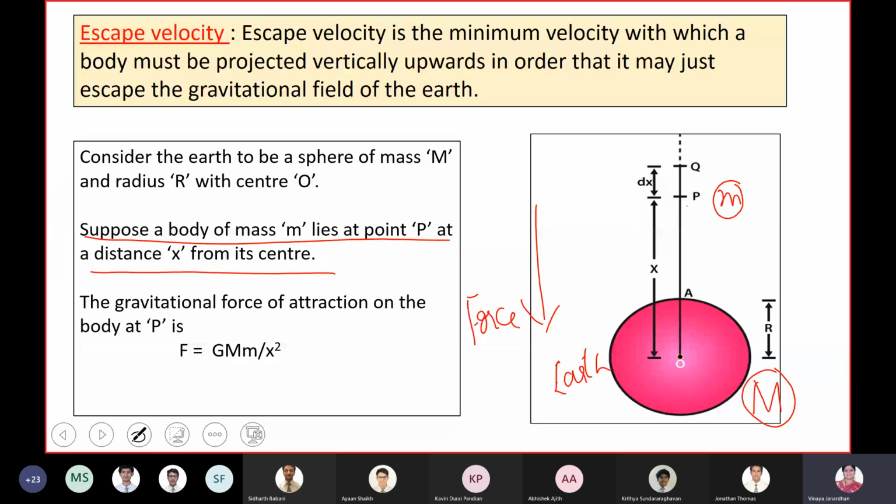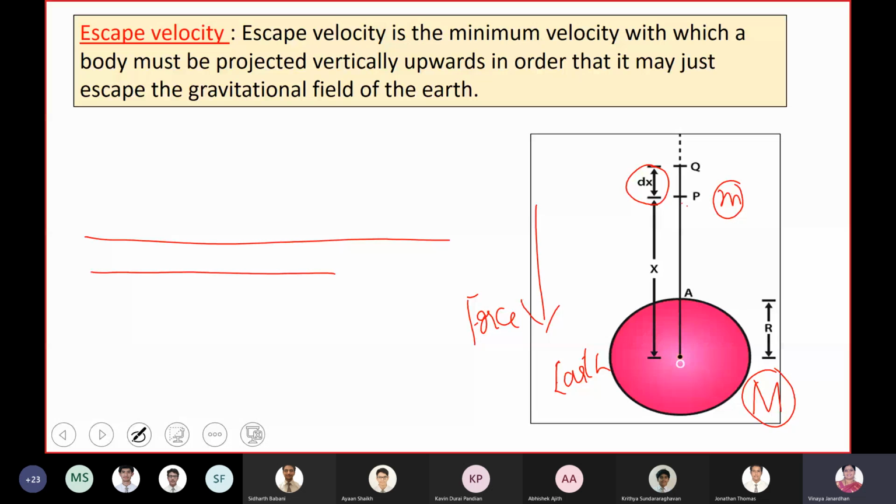So if you want to move the body from point P to point Q, to a very small distance, you're going to move the body from point P to point Q, traveling a distance of dx meters in a direction opposite to the direction of the force. So then you need to do a work. So you have to find what is the work done in moving the body from point P to point Q against the force of gravitation, right? Right, boys.